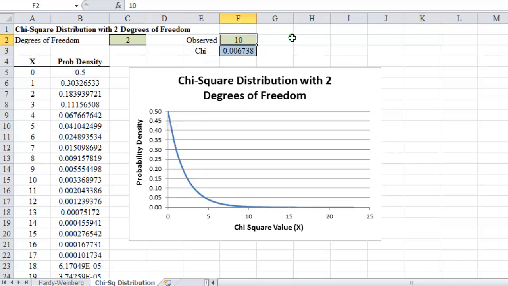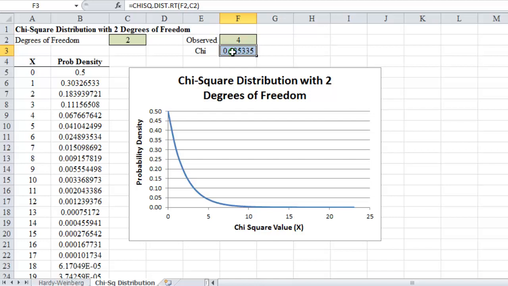In cell F2, we enter what we observed as a value. For example, if we calculated a Pearson chi-square test statistic of 4, then what we want to do is find that number 4 on the horizontal axis and figure out where this number falls relative to these other numbers in this particular distribution.